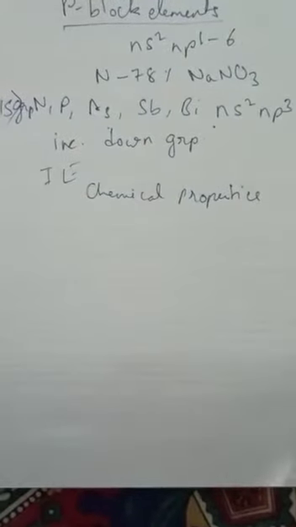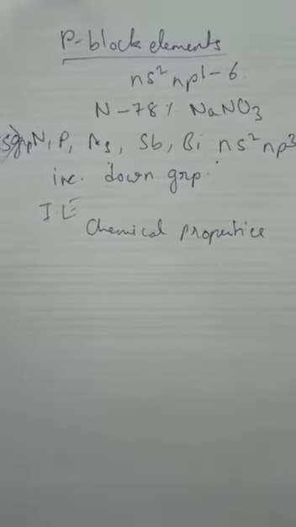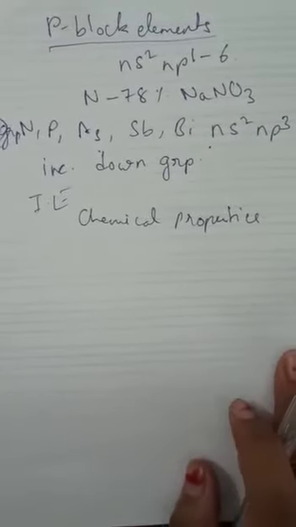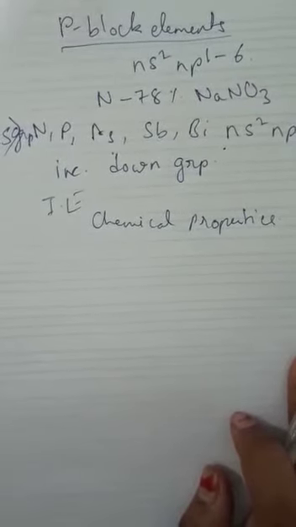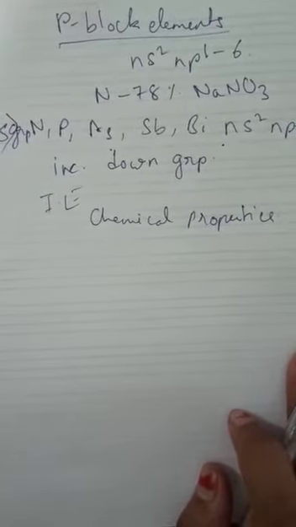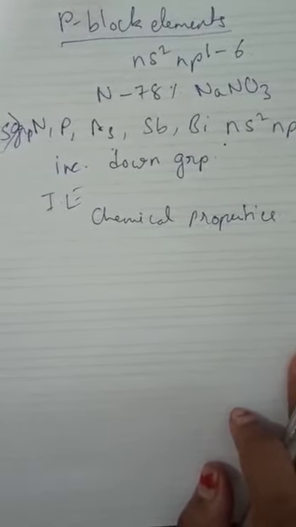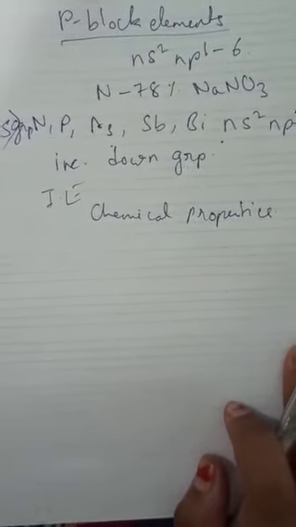Also, the phosphorus atom occurs in the form of minerals and also in the rocks, phosphate rocks. And phosphorus is also a very important constituent of the animal and the plant matter, and is present in bones as well as in living cells. Arsenic, antimony, and bismuth are found mainly in the sulfide minerals.